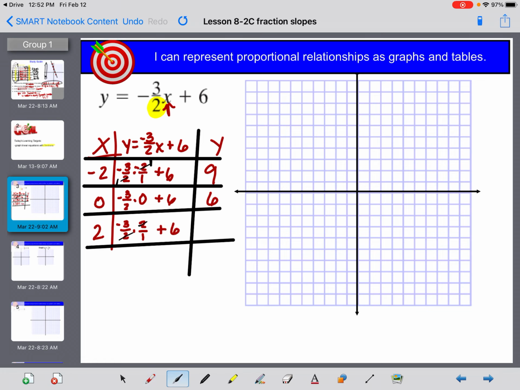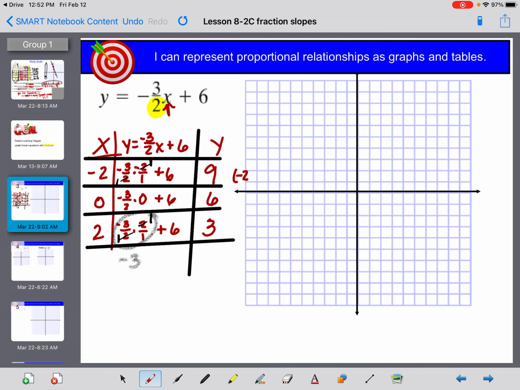Now I'm going to simplify. The 2's cross out. Negative 3 times 1 is negative 3 over 1, which is really negative 3. So this whole part equals negative 3. Negative 3 plus 6 gives me a positive 3.